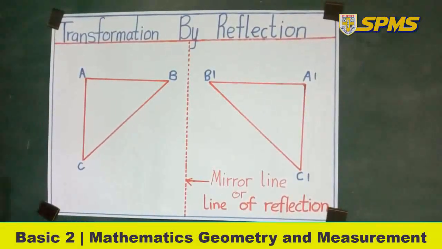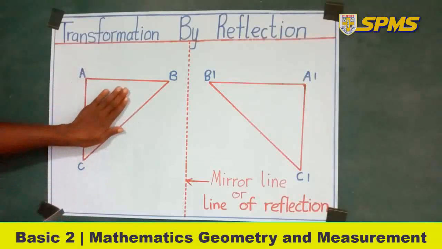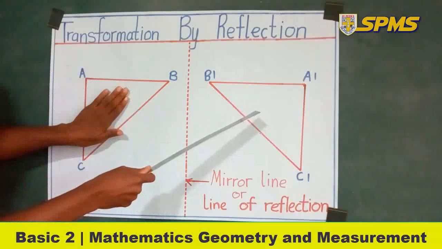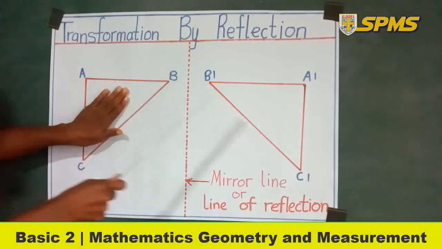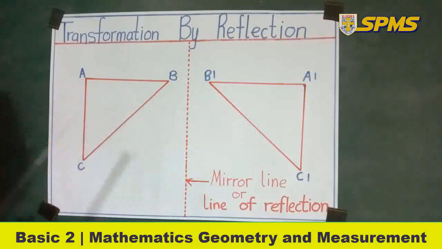Do you remember this type of transformation? Reflection. What is happening to the triangle? Triangle ABC, which is the original triangle, has been transformed. That means it has been reflected. Look at it carefully.